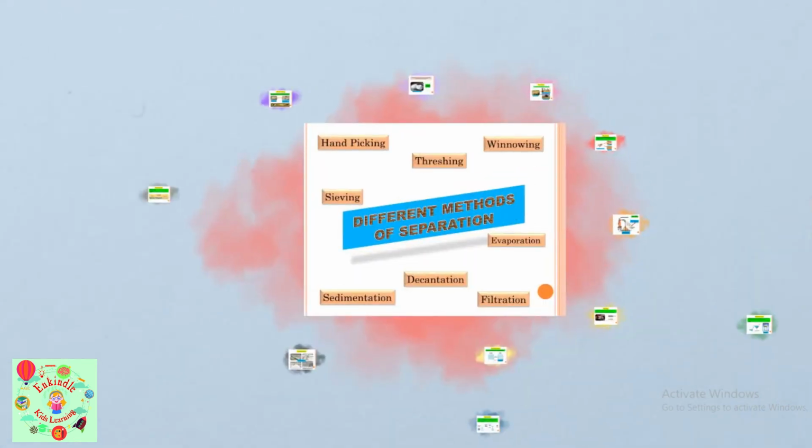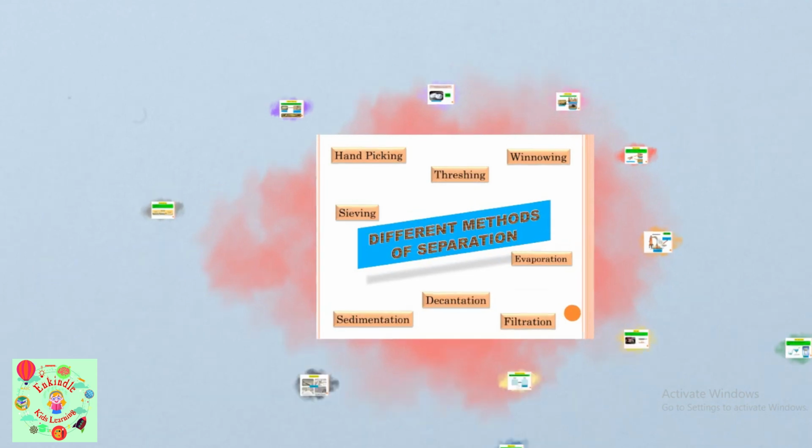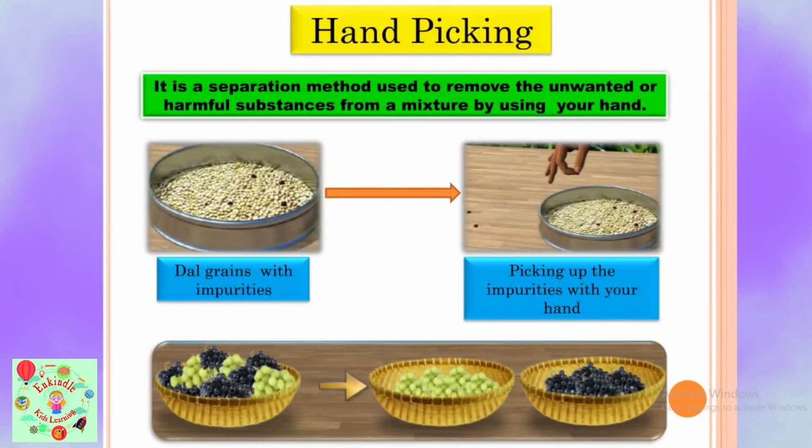Then we saw different methods of separation. First method is hand picking. It is a separation method used to remove the unwanted or harmful substances from a mixture by using your hand.